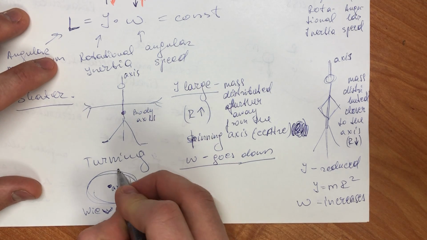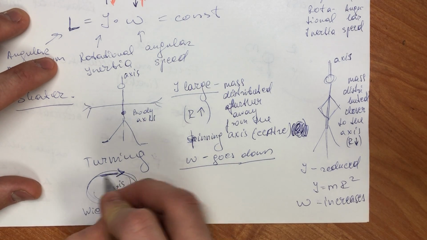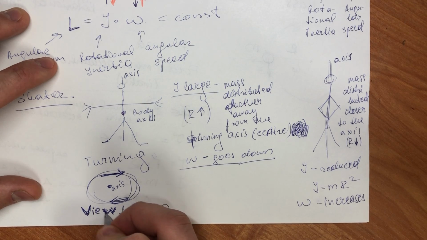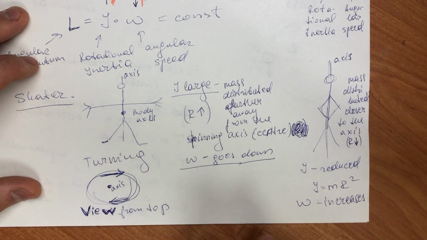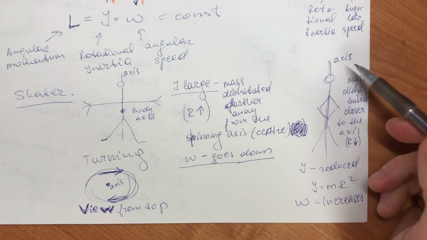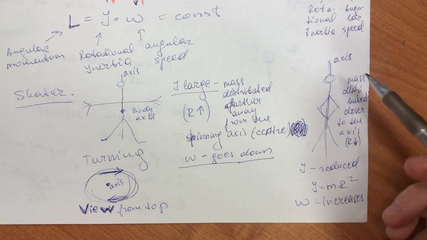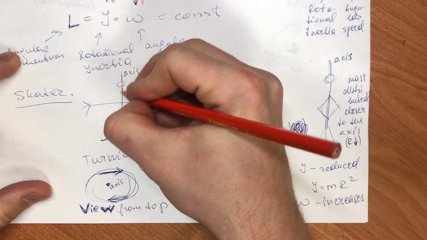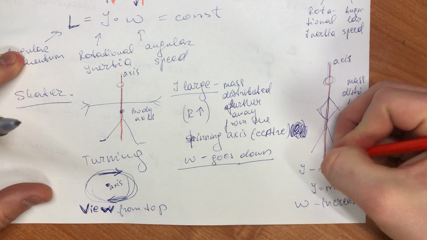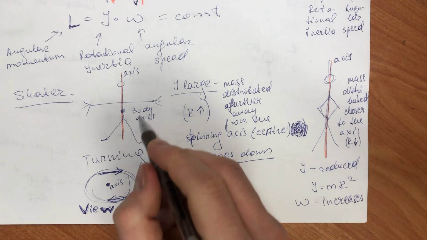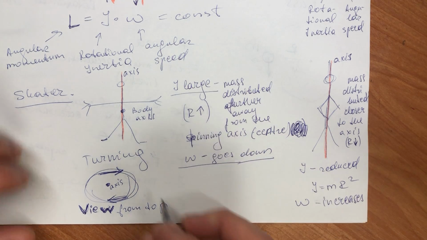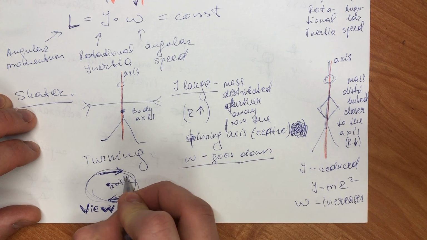Let's show that he is spinning. Okay. The view is probably like this. I always mix up W and V. It doesn't matter. So here, what I wanted to show is that he is spinning, his body axis is here. When he brings arms further away, R increases.